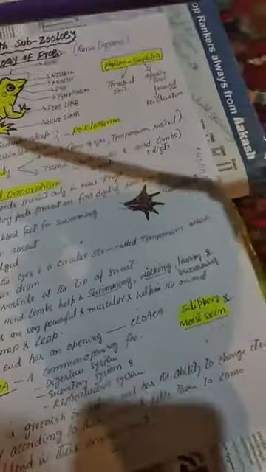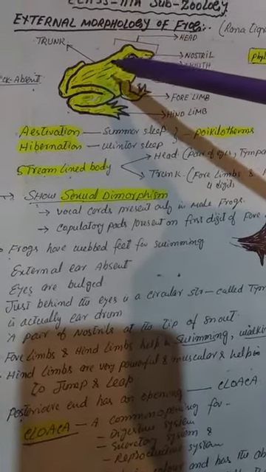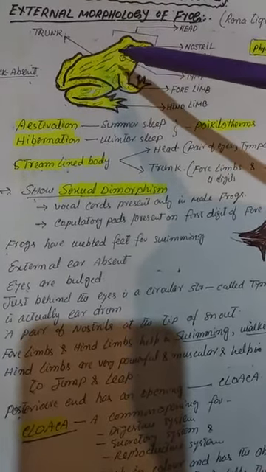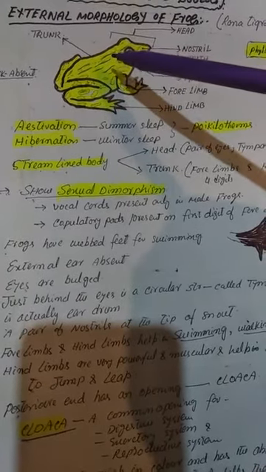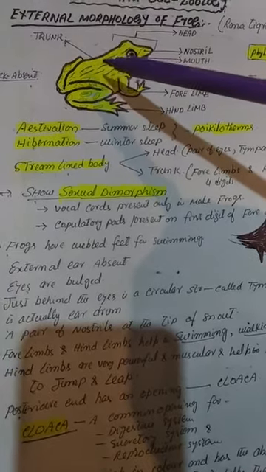The skin of the animal is slippery and moist because of the presence of mucus glands, and the skin is always kept moist. It is because it also serves as a surface for absorption, and the skin is highly vascular. In fact, the frogs respire through the skin, which is also known as cutaneous respiration.